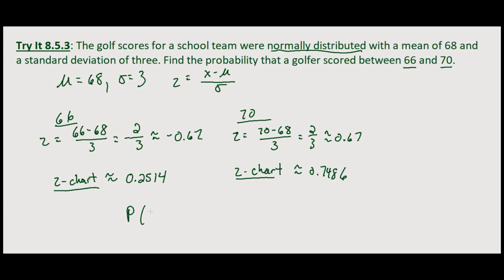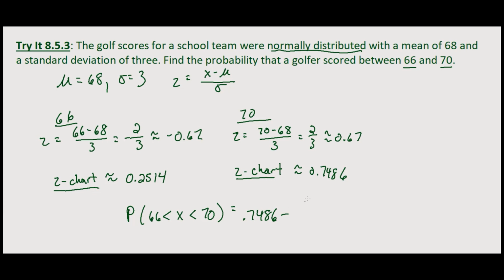Now to find the probability of the interval, the probability that 66 is less than x, which is less than 70, we subtract these two probabilities. So it's the probability of 70 minus the probability of 66, or the probability corresponding to them because it's the probability to the left of those values.